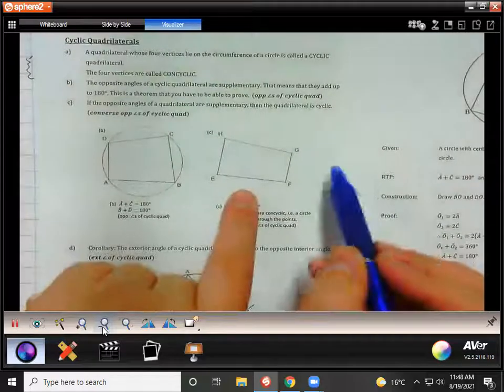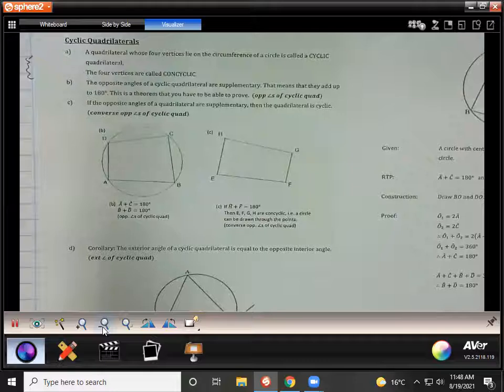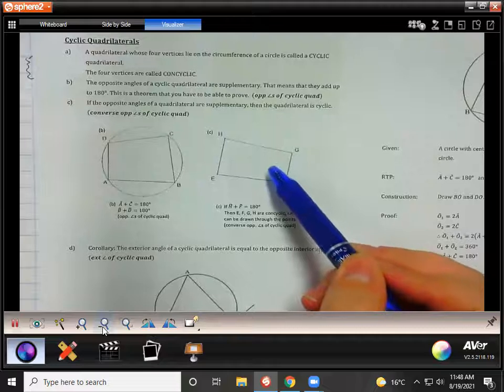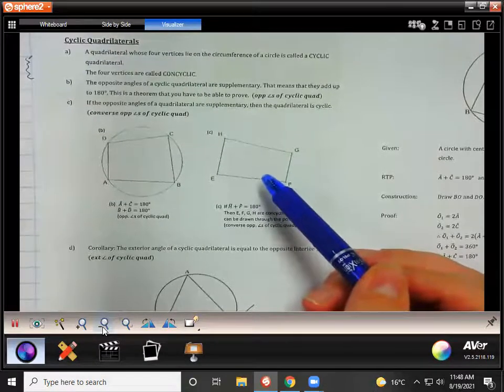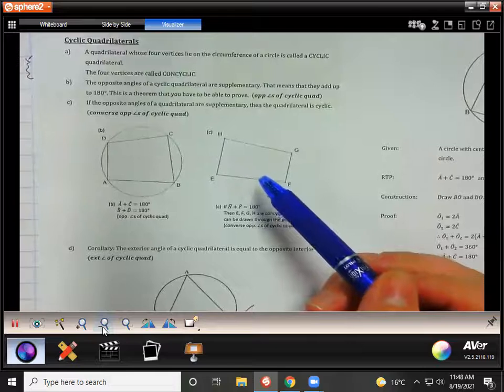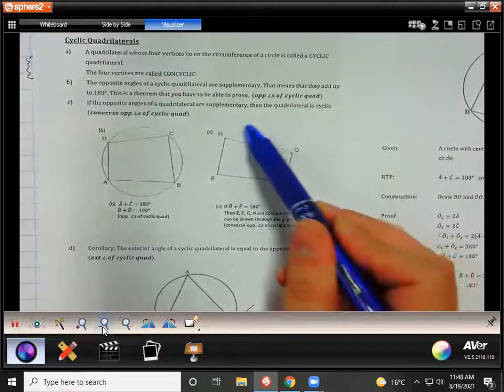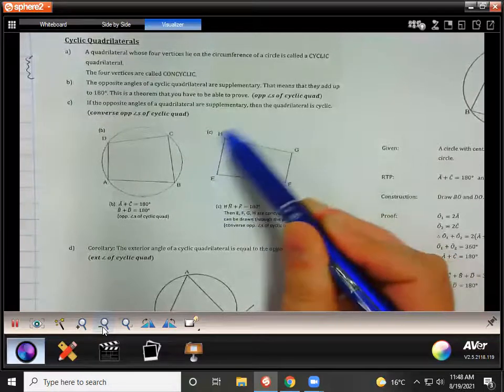Sometimes they're going to give you a quad in a question where all 4 vertices don't actually lie on the circumference of a circle, like this kind of thing. Then we need to know some other properties of a cyclic quad, which we will write down now, to prove that it is actually a cyclic quad. Once you've proven that, you need to be able to imagine that you can draw a circle through those 4 points.